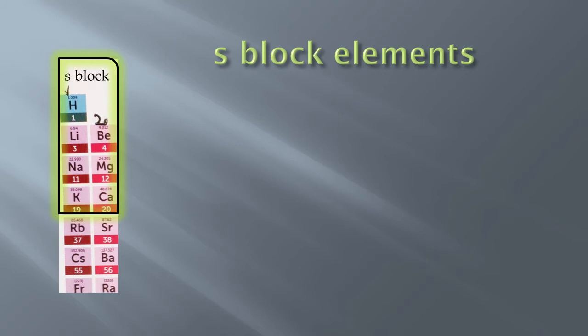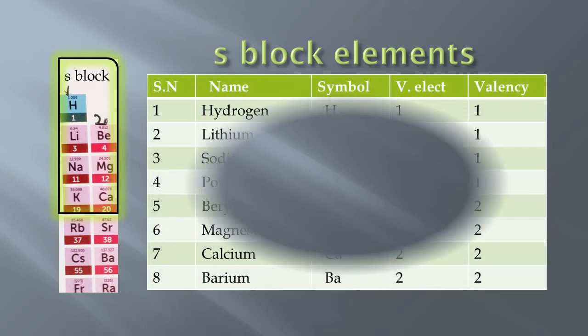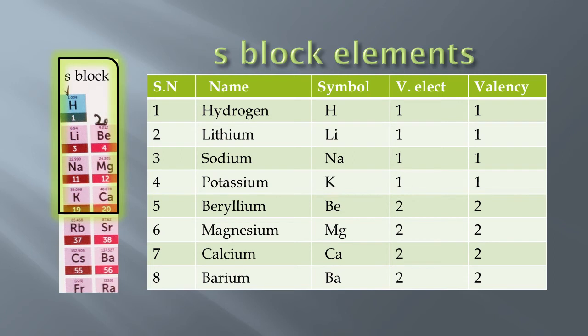Now, let us look into elements of S block in a bit more detail. So here you can find a piece of the periodic table of S block alone. There you find the numbers 1 and 2, the group number. The elements hydrogen, lithium, sodium and potassium belonging to S1 have one valence electron, valency is 1, that is they lose one electron and become stable.